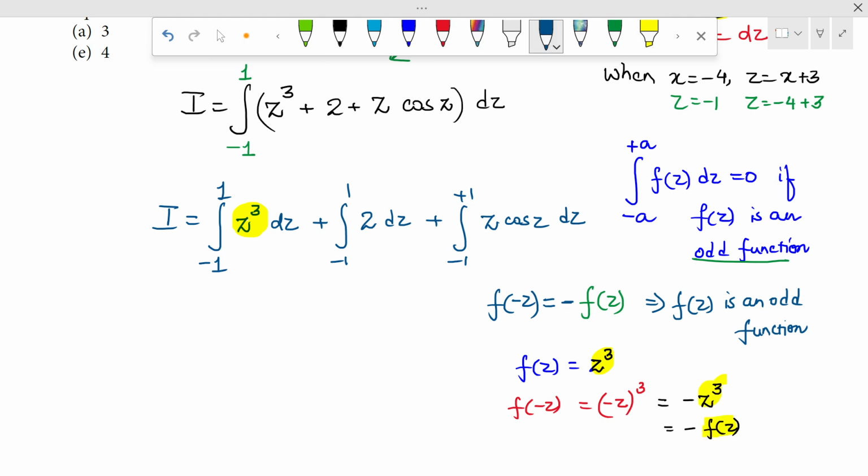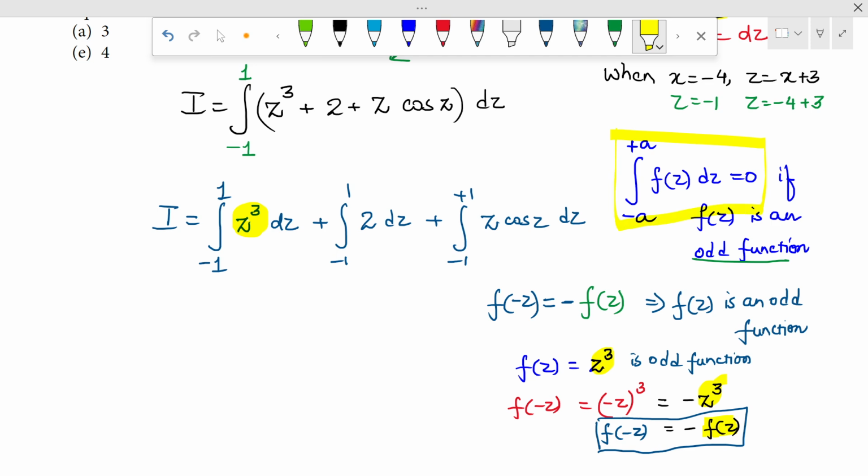Now you can clearly see that f of minus z is equal to minus of f(z). That means I can say that this function is an odd function. And if z cube is an odd function, its integration is 0.